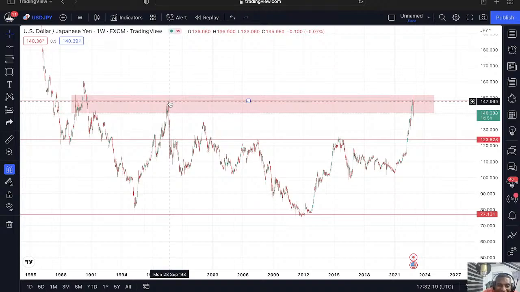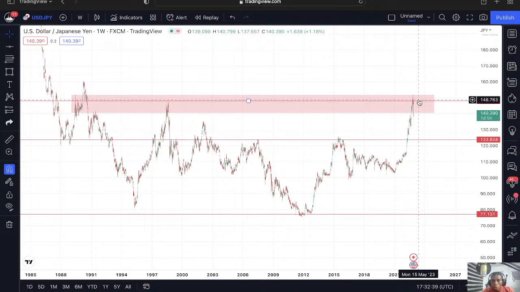The last time was 1998. 1998 to 2022 is a long time, almost 23 years, if not 22 years. And that's what we are seeing here.